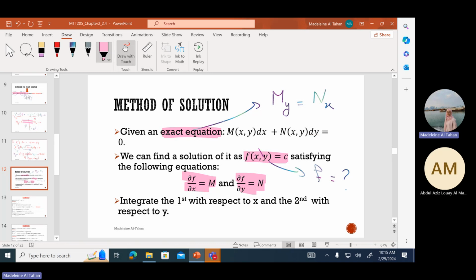Now in the solution, you will understand why you need to do both of them. So that's the difference from the other. Yeah, and then you will combine them together.